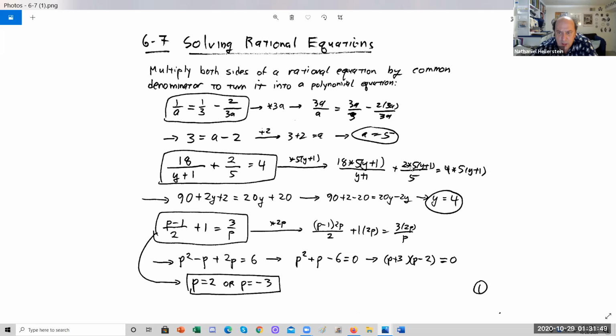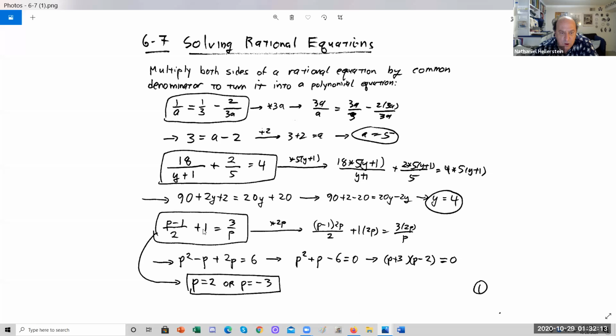The y plus 1's cancel here, the 5's cancel here. We're left with 90 plus 2y plus 2 equals 20y plus 20. And after the usual bit of algebraically shuffling things around, we get y equals 4, and there's a solution.